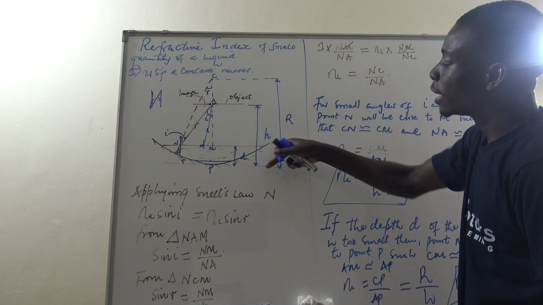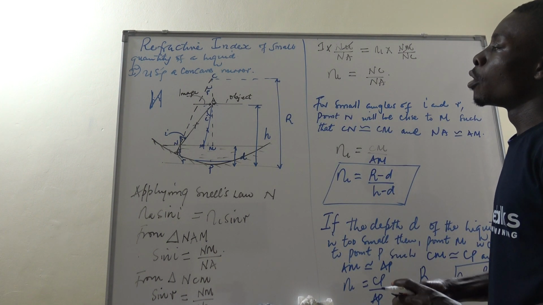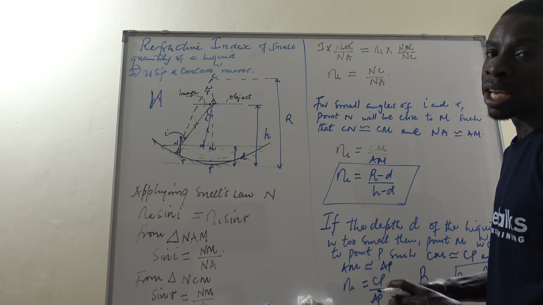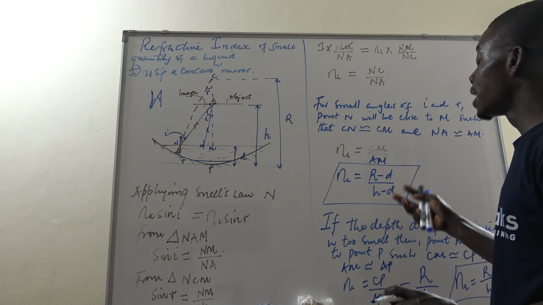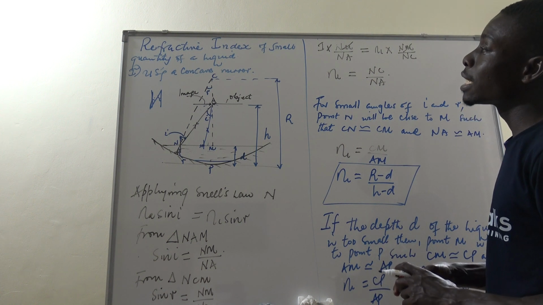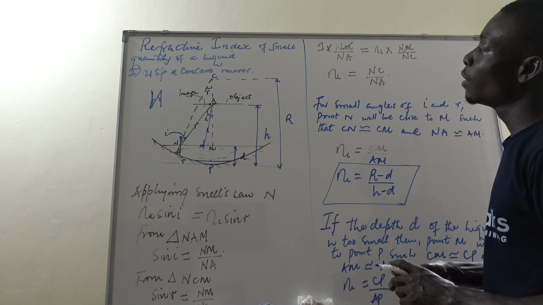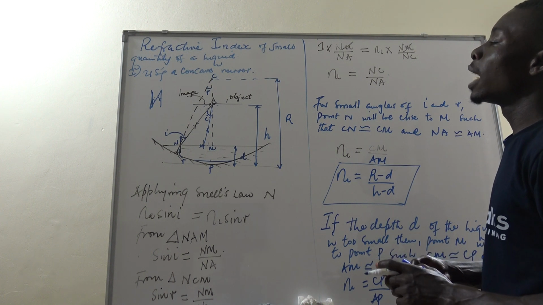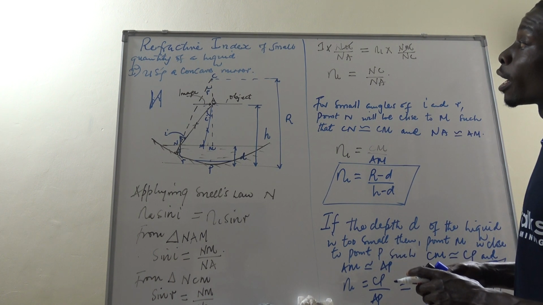And H is the point of coincidence between the image and the object, and D is the depth of the liquid. So this is an expression for the refractive index of a small quantity of a liquid, and we are basically looking at a concave mirror.